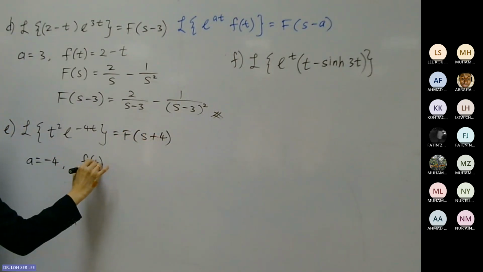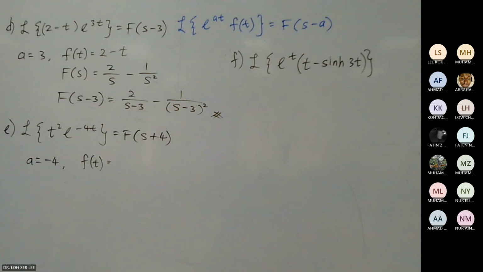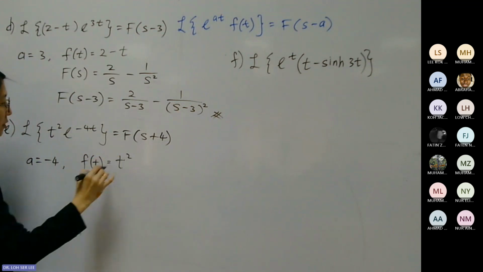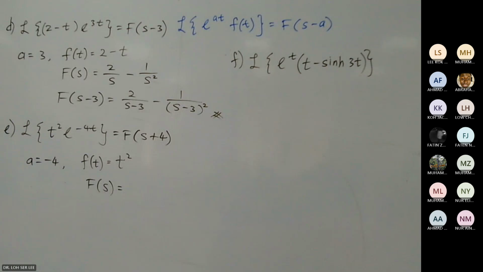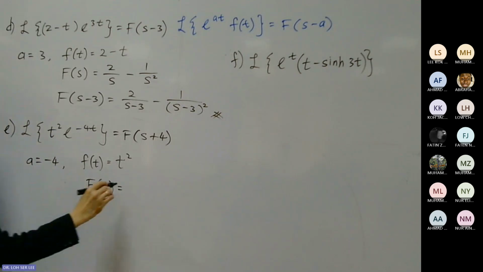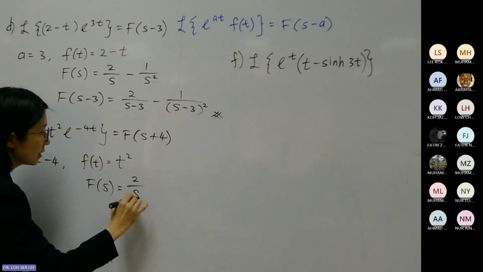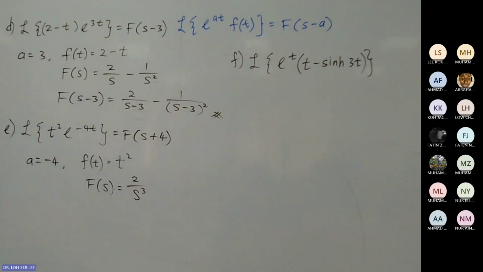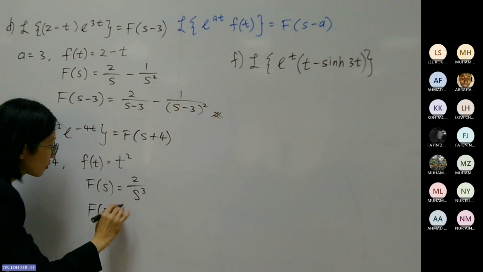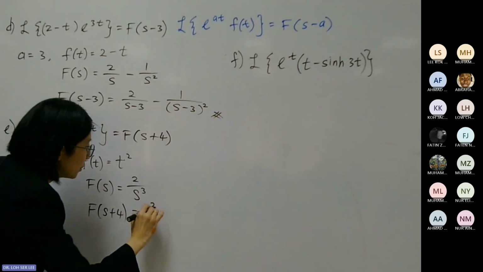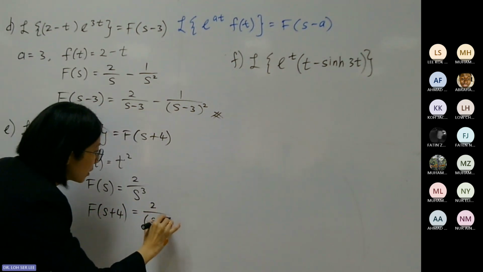And your f(t) is t squared. F(s) is 2 over s cubed. Okay, so we want this s plus 4: 2 over (s plus 4) cubed.